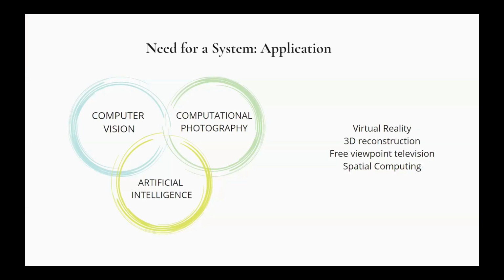Coming on to why this research and where it finds its use, the work is basically the intersection of artificial intelligence, computer vision, and computational photography. This process of scene rendering and the generation of 3D scenes from minimal 2D images is used in a variety of vision applications like virtual reality, where immersive experiences are synthesized from given inputs, and in spatial computing, which is the latest technology that's been in the news recently, where view synthesis is used in 3D reasoning.